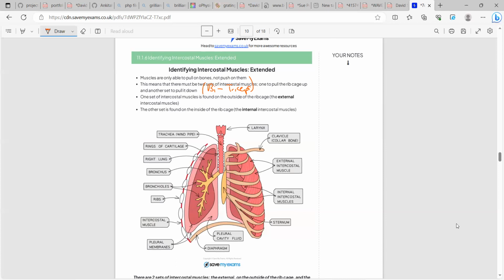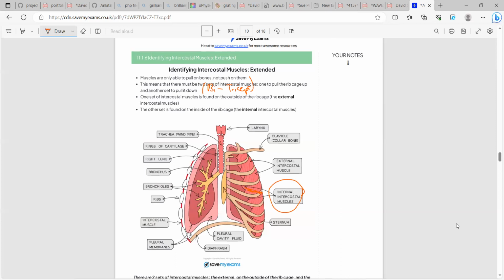So one set of intercostal muscles is found on the outside of the rib cage. These are external intercostal muscles. I'm sure you can see them on the diagram here. And then another set is found on the inside. These are internal intercostal muscles.